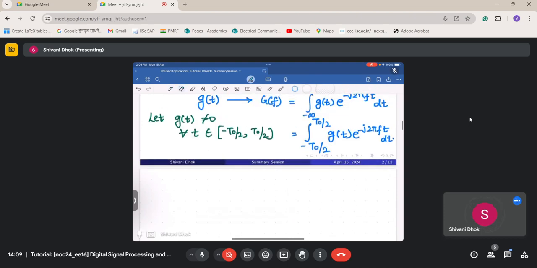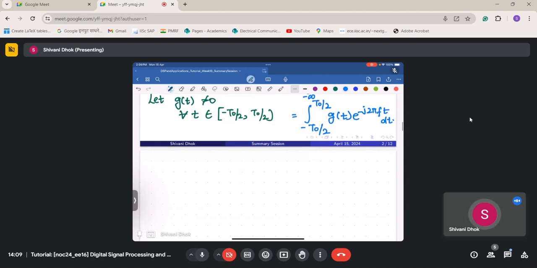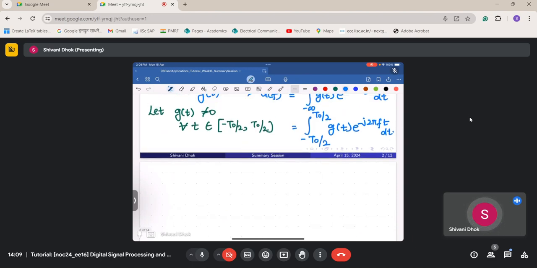One more thing I'd like to mention is that it could be something like this also, where Tm is less than or equal to T naught, so that the periodic repetitions will not overlap. That kind of situation can also happen. Even then, this integral still makes sense because for all the other values of t, it will be 0.